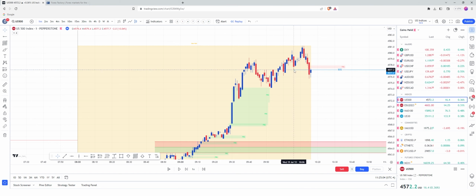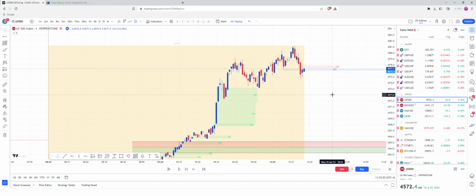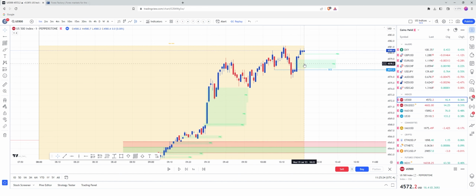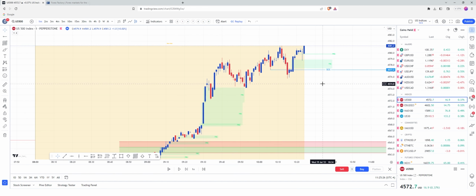We do have, actually, this would be a break of structure here. So that has broken structure there, and it is a body close over. I wouldn't class this as a displacement candle though, so I wouldn't be looking to take a short at this point. And that would have been a good decision because it's just traded straight through it.